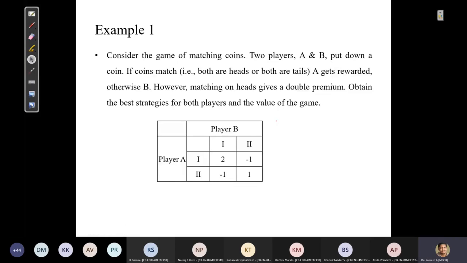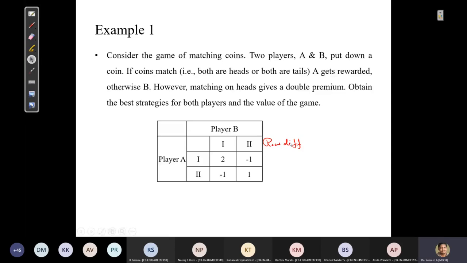First we find the row difference. What is the row difference? 2 minus minus 1, that value will be 3.